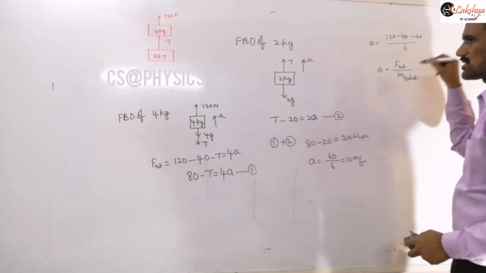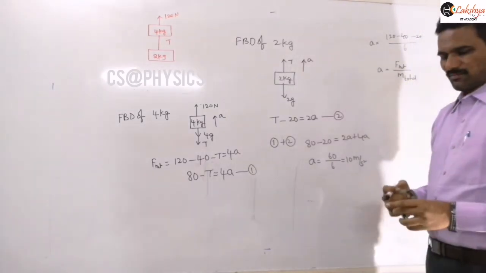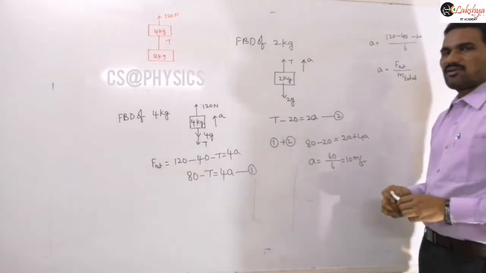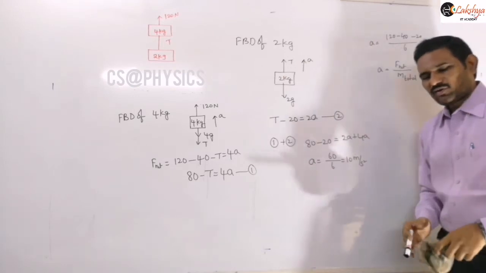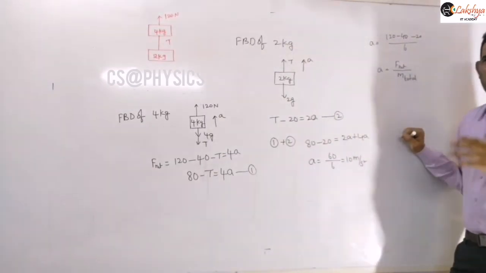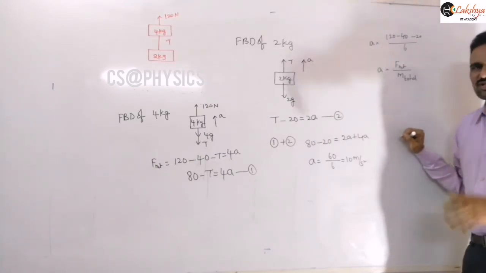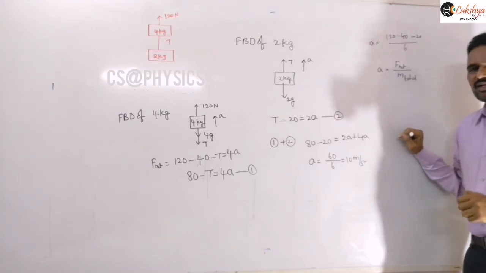So this formula we can still apply, but the thing you need to remember is, in our previous problems the body was moving on a smooth horizontal surface. When the body is moving on a smooth horizontal surface, there is no role of its weight in its motion. It doesn't affect the motion of the object.